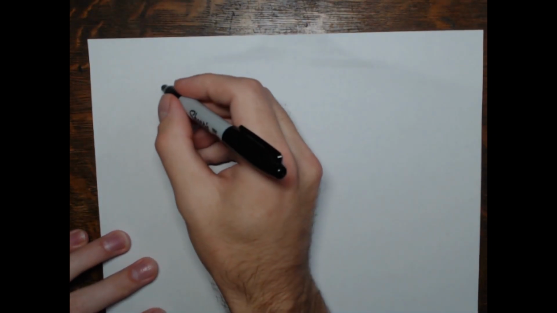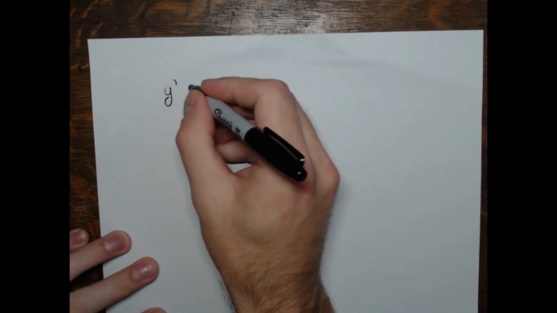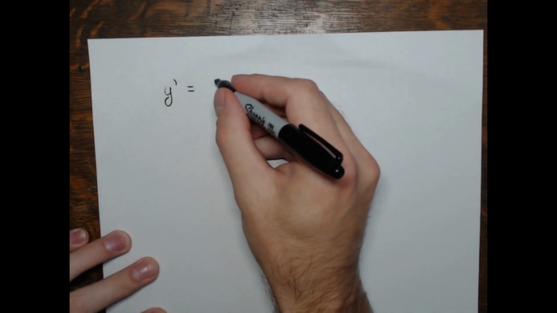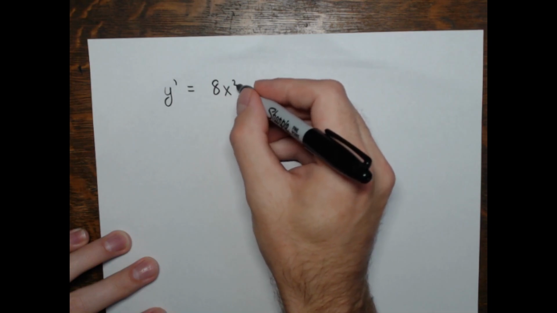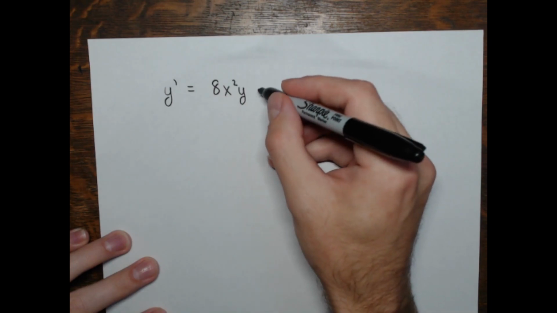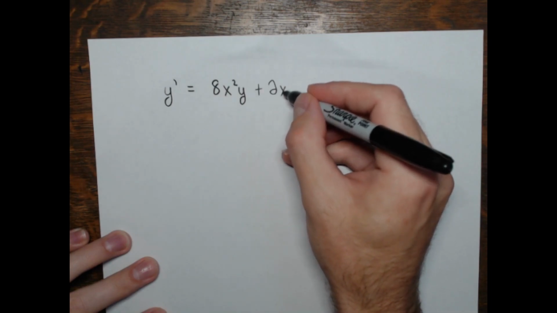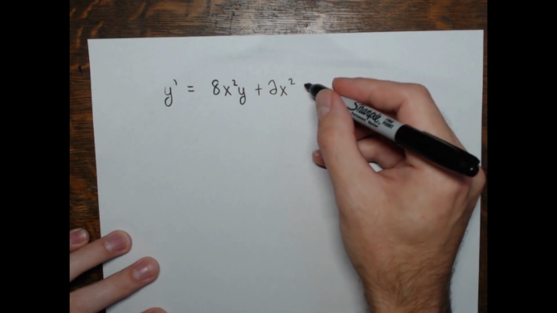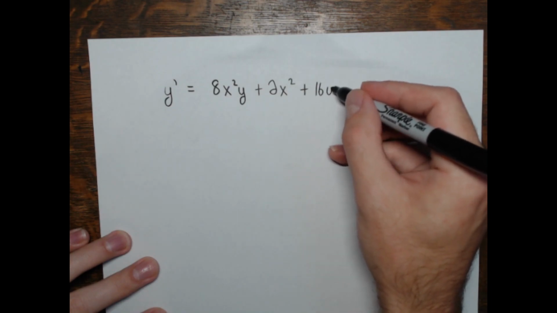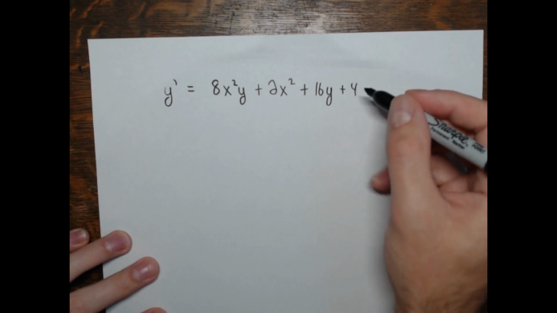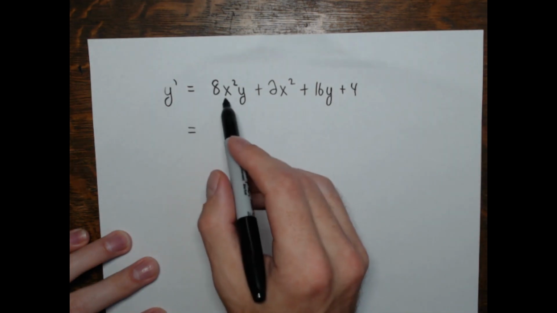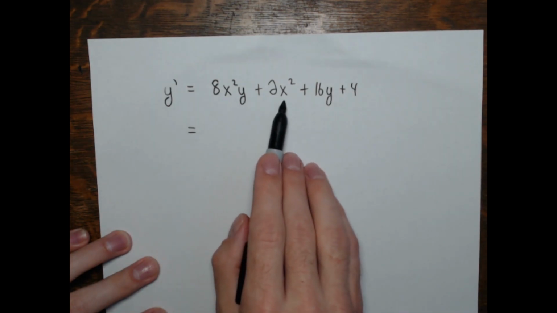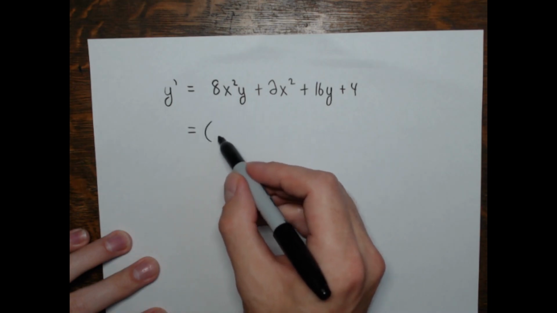So we have y prime equals 8x squared y plus 2x squared plus 16y plus 4, which would factor. The first two terms have 2x squared in common.